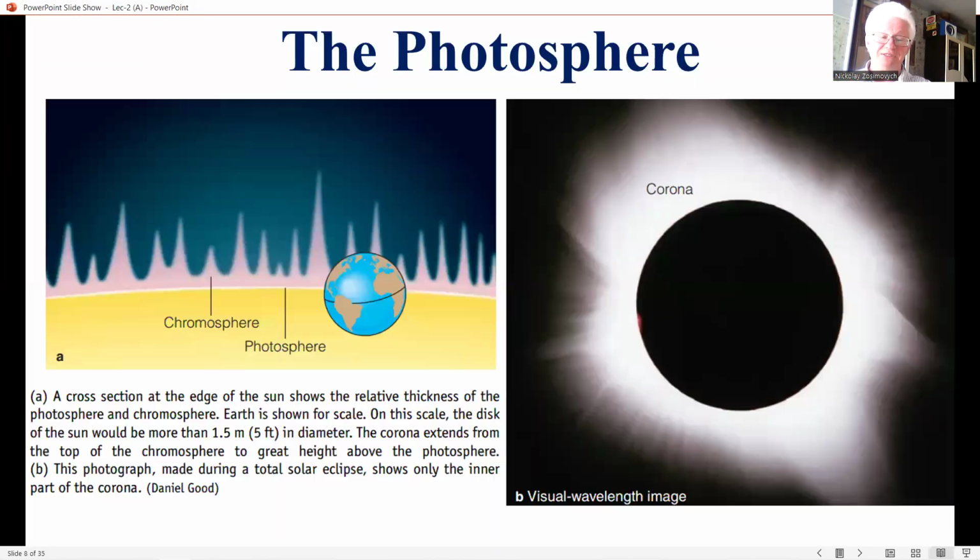The visible surface of the sun looks like a smooth layer of gas marked only by a few dark sunspots that come and go over a few weeks. Also, the photosphere seems to be a distinct surface. It is not solid.